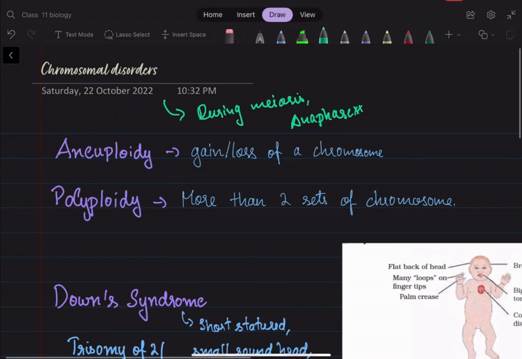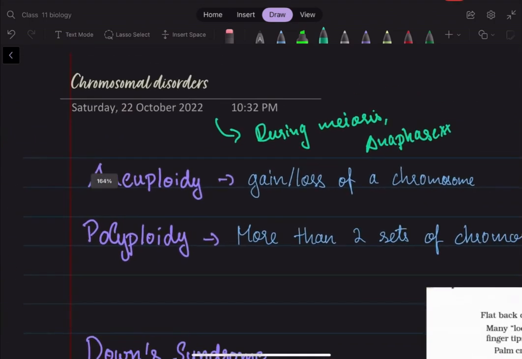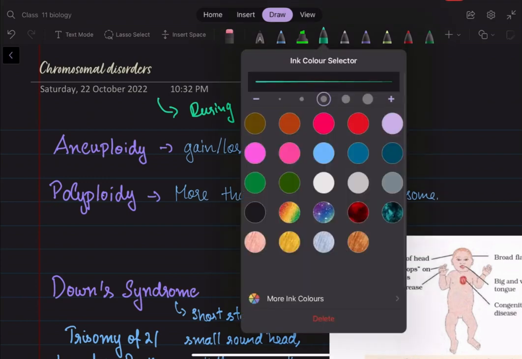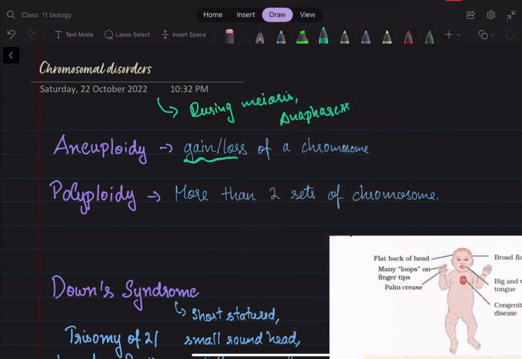So we have two basic conditions here: aneuploidy and polyploidy. Aneuploidy means gain or loss of a chromosome. So we refer here only to one chromosome. Whereas polyploidy means a condition in which there are more than two sets of chromosomes.